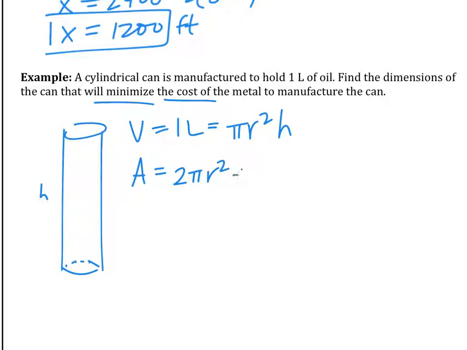So plus the circumference, 2 pi r, times the height. Are you guys good? Surface area? Okay, so 1 liter is 1,000 centimeter cubed.